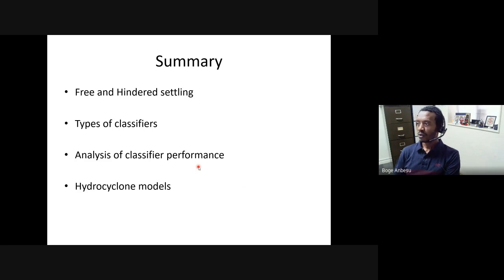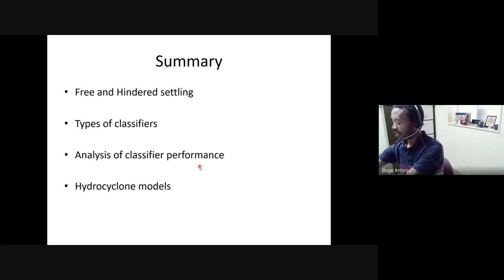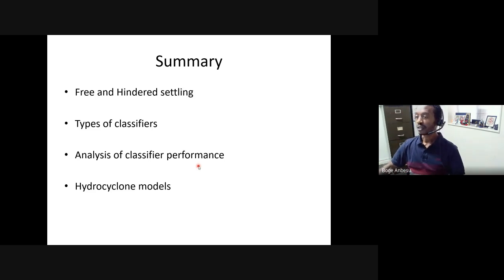So to summarize, we could look into free and hindered settling conditions. Each of them can have an impact on the performance of a classifier, and you need to understand what's going on and how these situations affect the performance of any classifier.